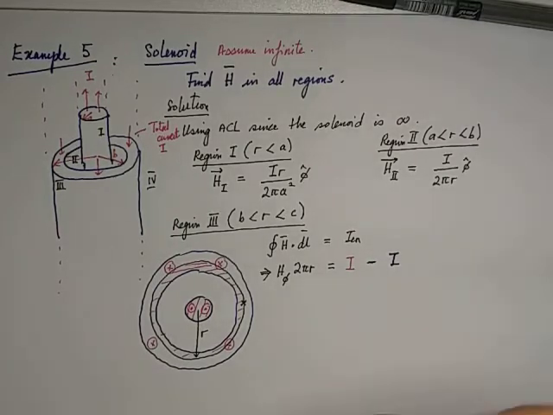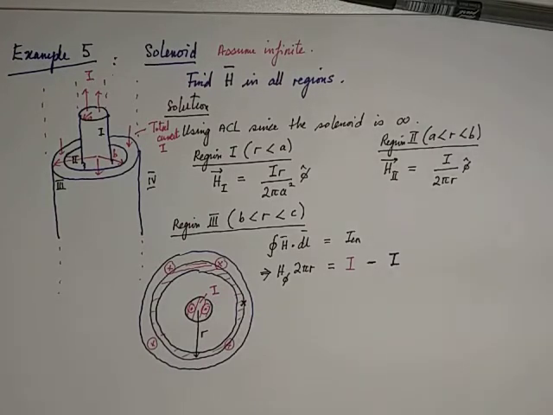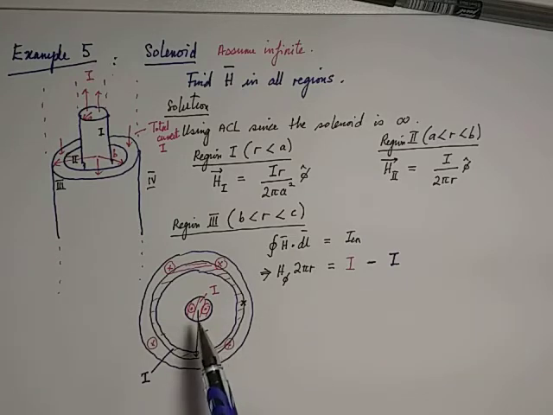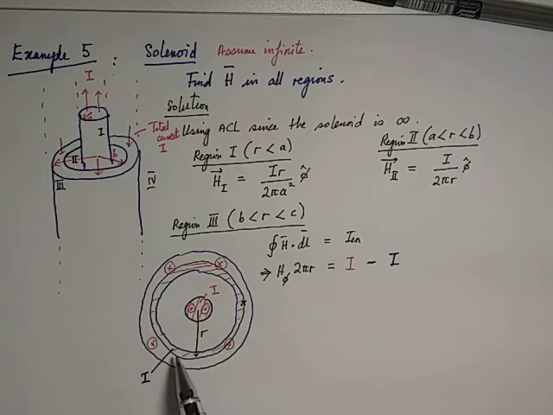I'm going to define this to be my I, and the blue I'm going to define to be this particular current. Okay, that's how I'm going to define. So I is this current, and this I is this current. Why? Both currents are located inside the loop.